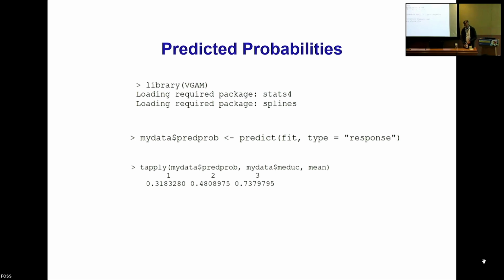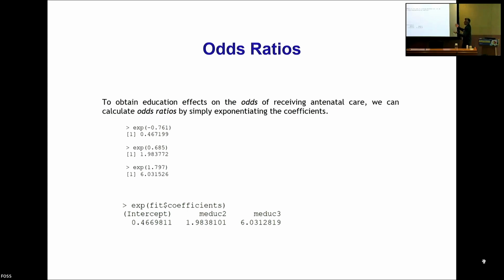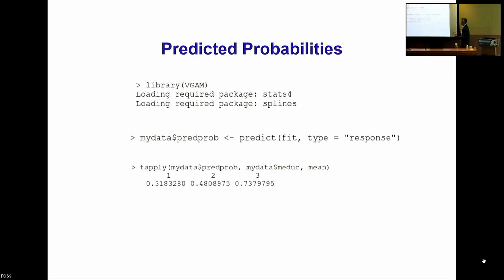Now, some people don't like odds. They say, I really find it hard to understand what an odds ratio is. So it's easy to translate: once you know the odds, you can translate it back to probabilities. You don't have to hand translate it yourself. You can use R, with this particular library.